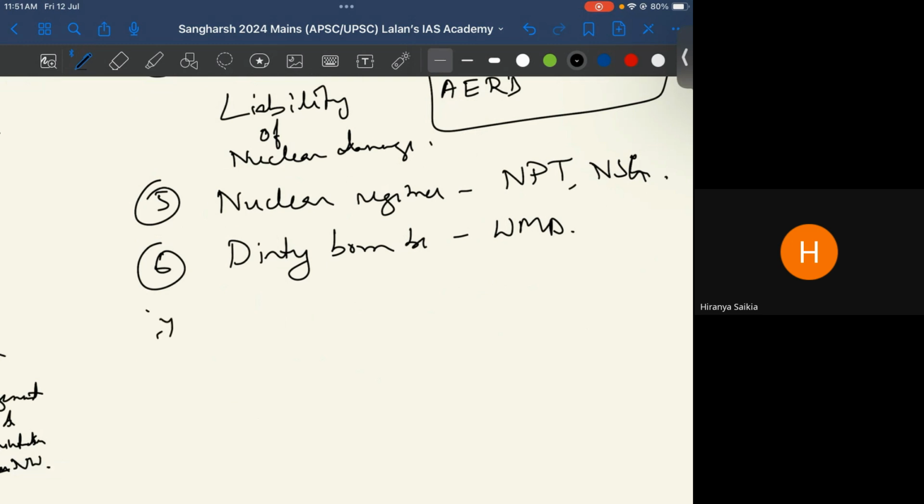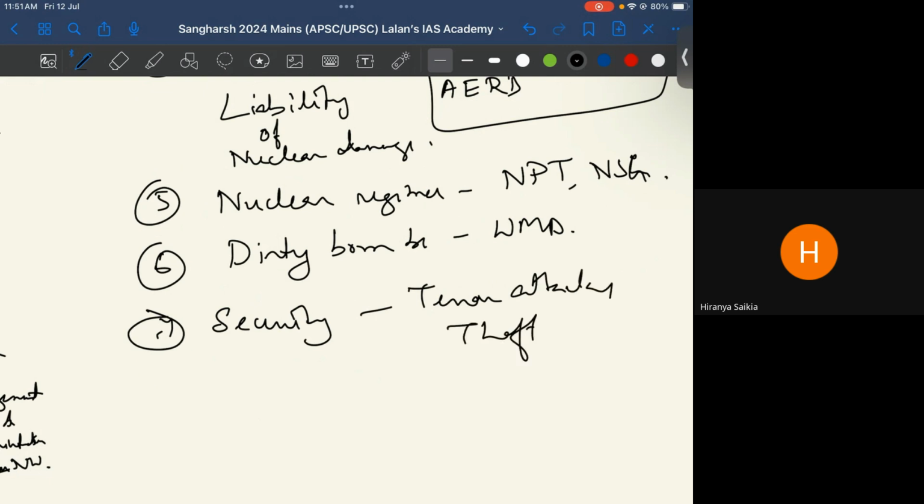Then security can be threatened because they can be a target of terror attack, or theft. Pakistan stole technology from Germany, I hope you know how AQ Khan created Pakistan's nuclear program. Then you can talk about the fact that there is cost escalation.